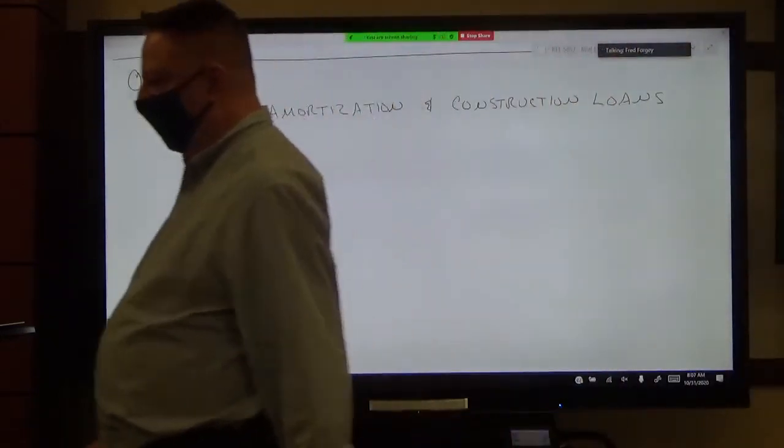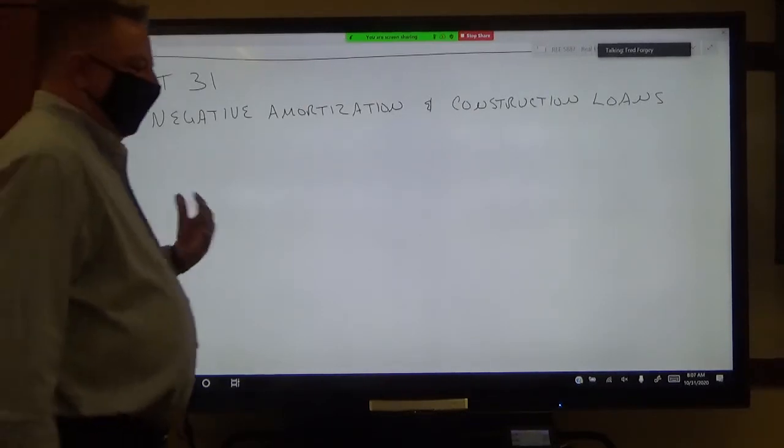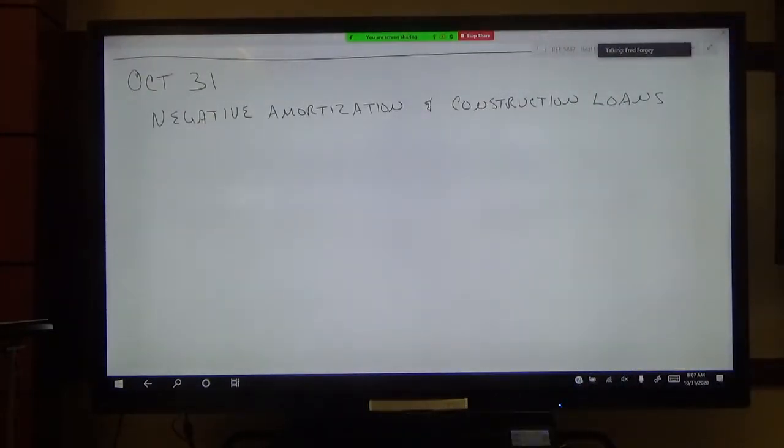So, the first thing that we're going to talk about conceptually is construction loans. Now, if you took the real estate finance course, we did a little bit about construction loans there, and we're kind of revisiting it because your textbook does, and also I think it's good to reinforce some of this.